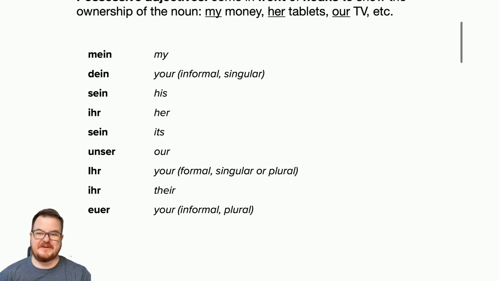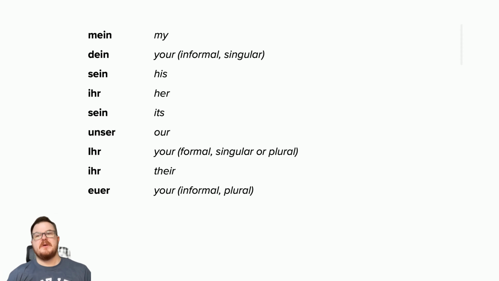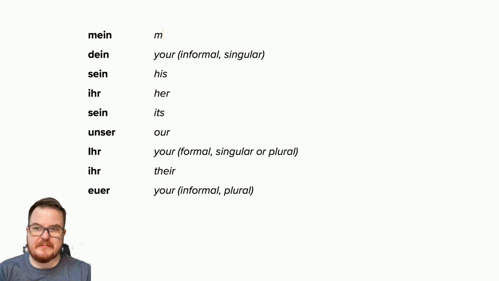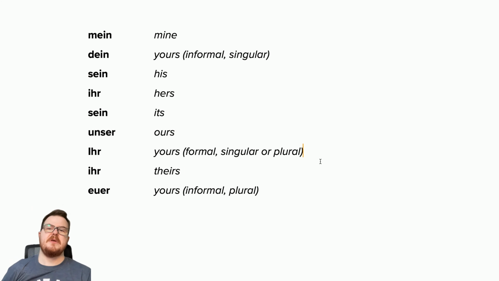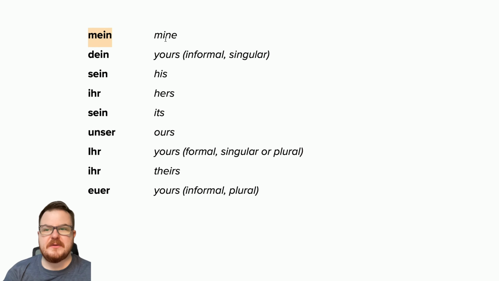Let me pop that down there. Yes. Okay. "Mein" stands in place of mine, "dein" yours, "sein" his, "ihr" hers, "sein" its, "unser" ours, "euer" yours, "ihr" theirs, and "Ihr" yours. Okay, so this word, "mein," is the same as the English word.